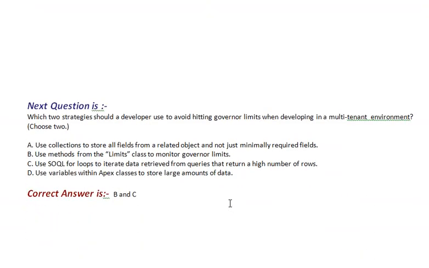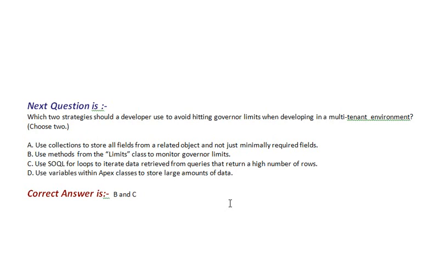Our next question is, which two strategies should a developer use to avoid hitting governor limits when developing in a multi-tenant environment? Choose two. Option A, use collections to store all fields from a related object and not just minimally required fields.